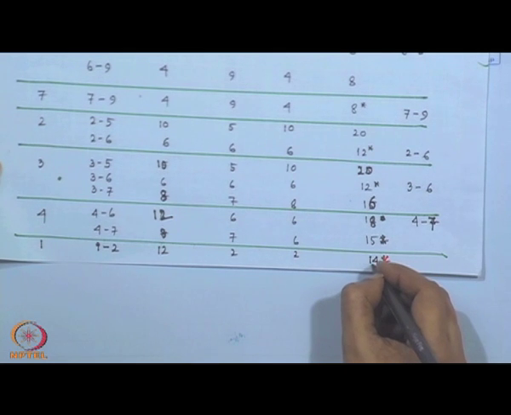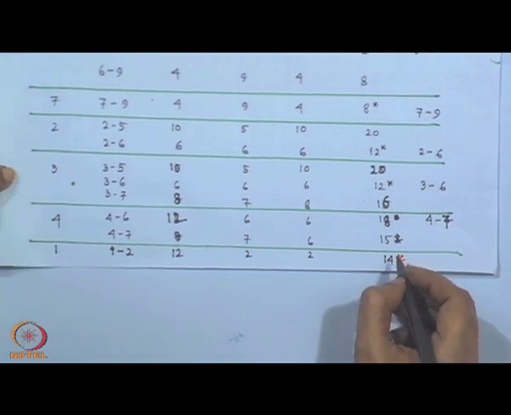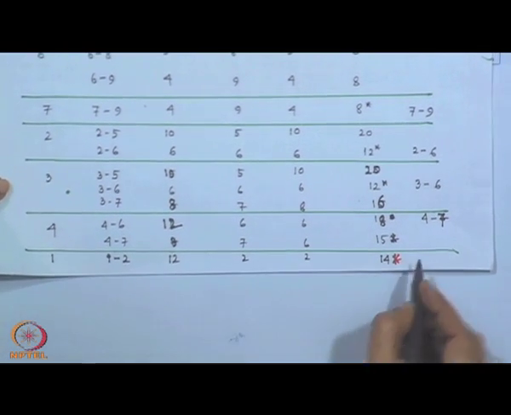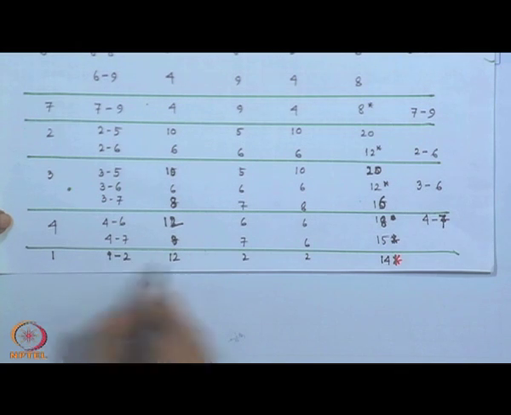This is one alternative with 14 units that we have to bear, and this is coming from 1 to 2, 14.